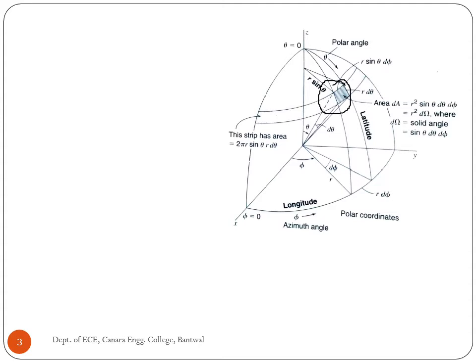In polar two-dimensional coordinates, an incremental area dA on the surface of a sphere is the product of the length r d theta in the theta direction and r sin theta d phi in the phi direction.